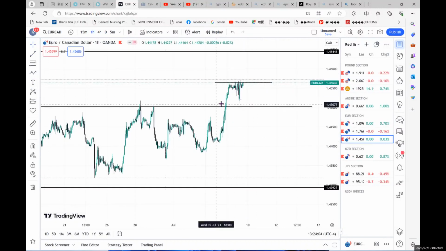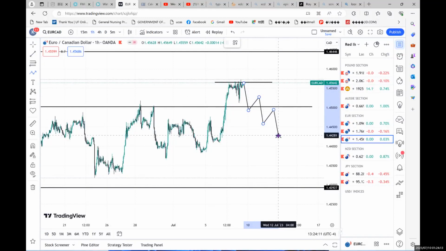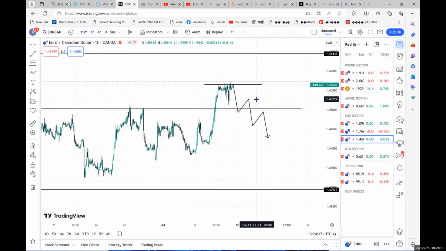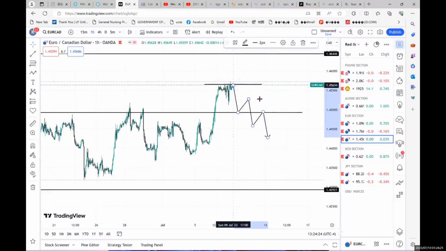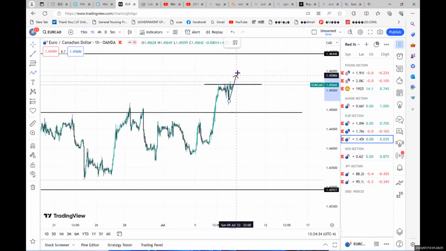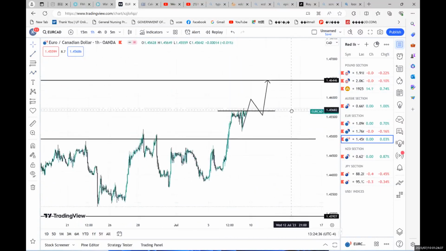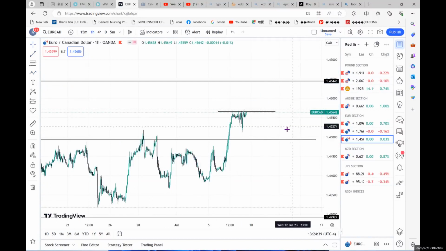Or if price decides to give us something like this, then we just adjust our analysis and we just go with the trend, whether it be sells or, sorry about that, or if price wants to continue back up into the highs. Yeah, and that's it. Simple like that.